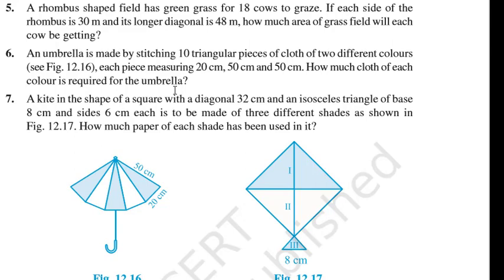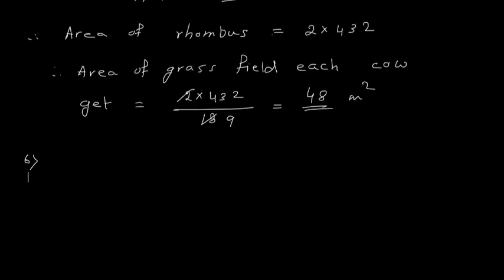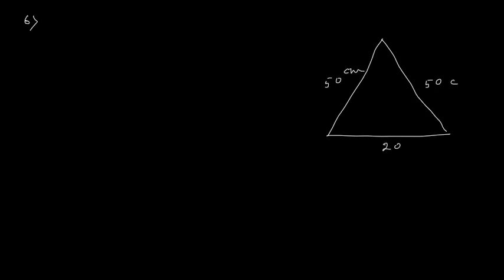So given, you can write yourself. I will draw a triangle. The sides are 50, 50 and 20. The dimensions are in centimeter: 50 centimeter, 50 centimeter and 20 centimeter.